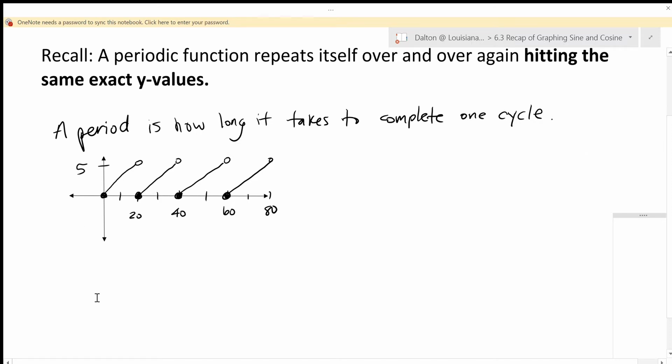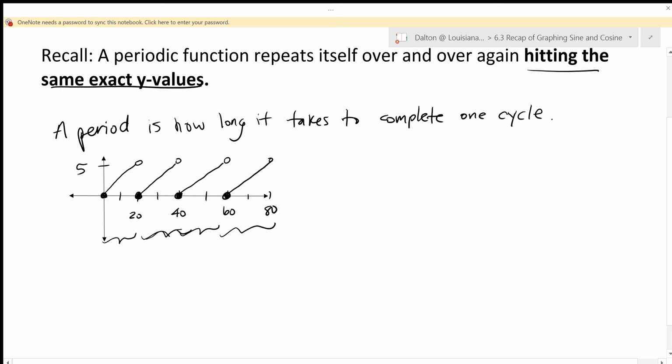Does it repeat itself over and over again, hitting the same exact y values? And the answer is yes, right? Every 0 to 20 and the next 20 and the next 20 will always hit the same exact y values. In fact, these pieces look the same no matter what part of the graph they are on.